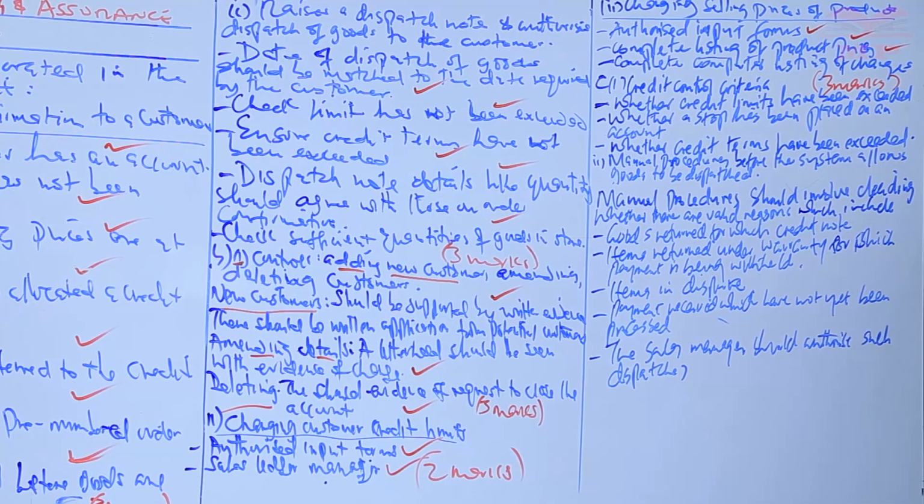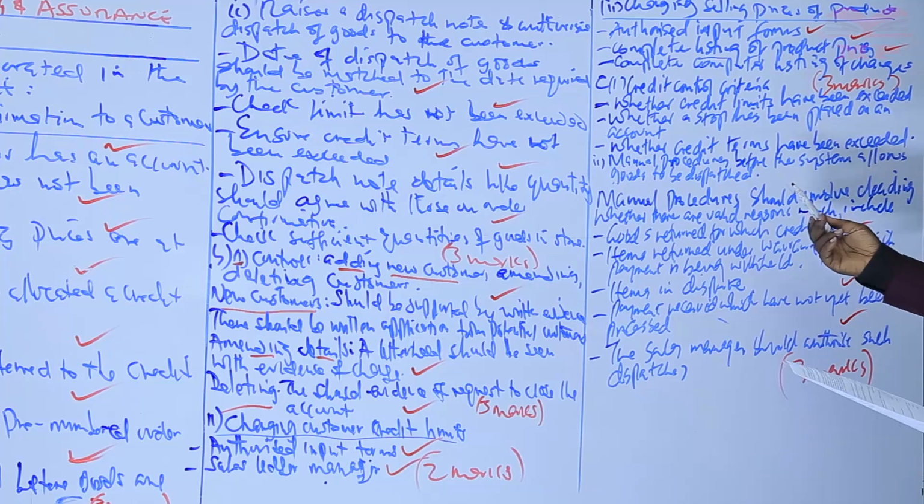These are dispatches that the computer rejected, but there are manual procedures which ought to be exercised so that the system can allow the goods to be dispatched to customers. So this would earn 3 marks.